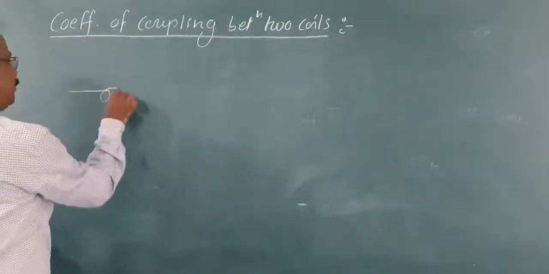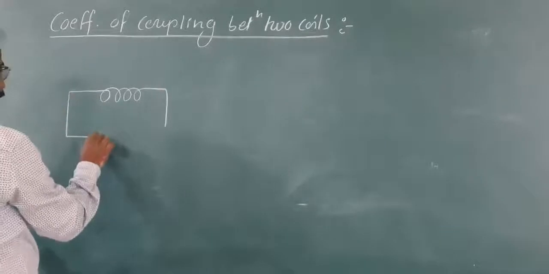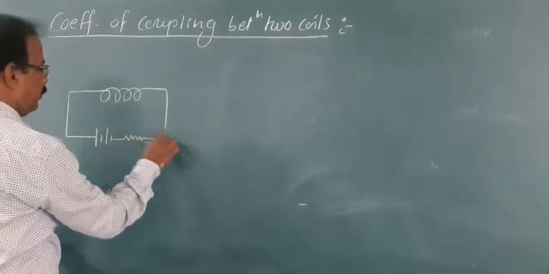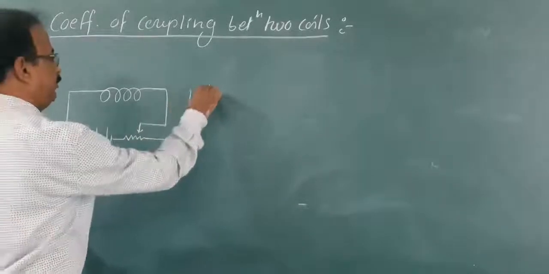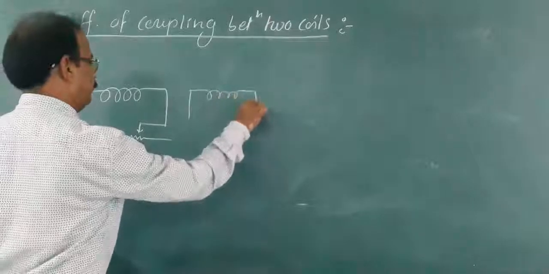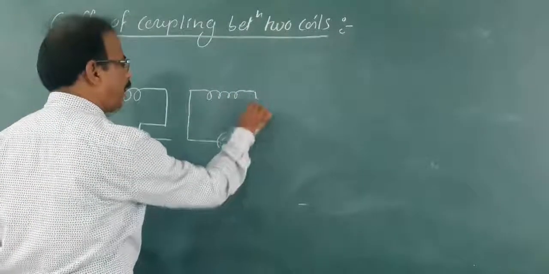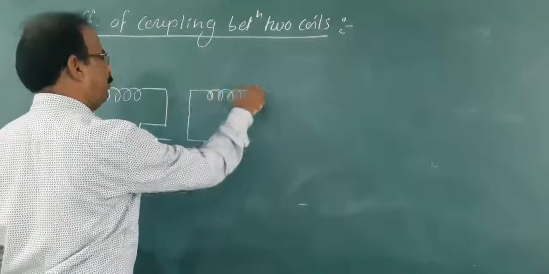Take two coils near to each other, side by side. Through one coil, current is allowed to pass, and the second coil is kept near to this first coil. What is the meaning of coefficient of coupling of two circuits or two coils?